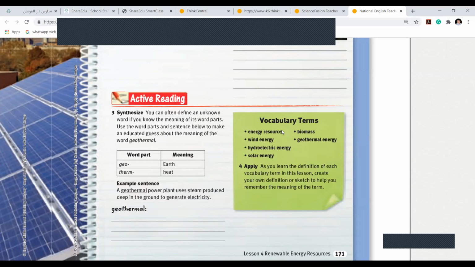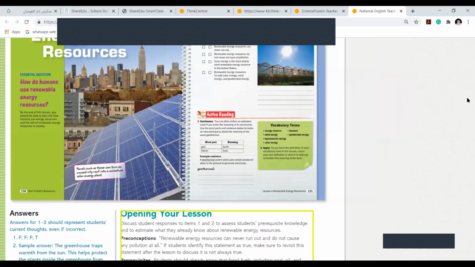Coming next, hydroelectric energy and solar energy. Okay, let's begin.